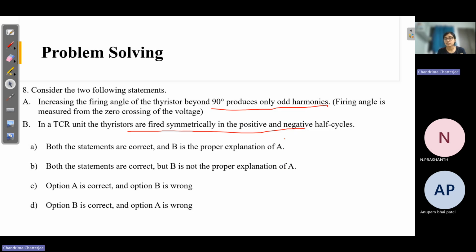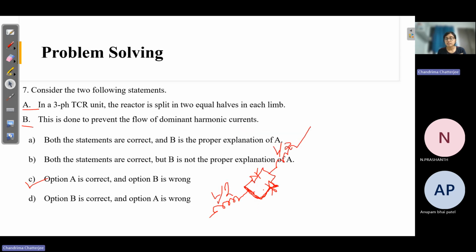So this is the correct explanation because the thyristor in this leg and this leg, their conduction angles are same. So the currents are symmetric, even though they are discontinuous.